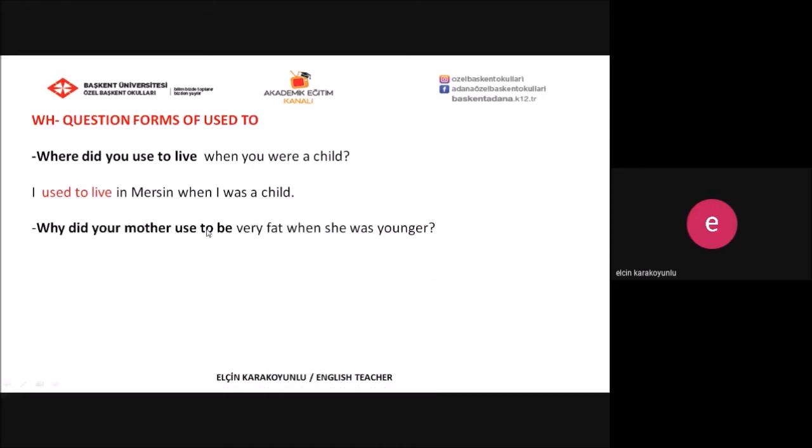And the second example, why did your mother used to be very fat when she was younger? Again, why is a kind of WH question word, and after this question word, we use did, and then your subject, and used to, and the bare infinitive form of the verb.